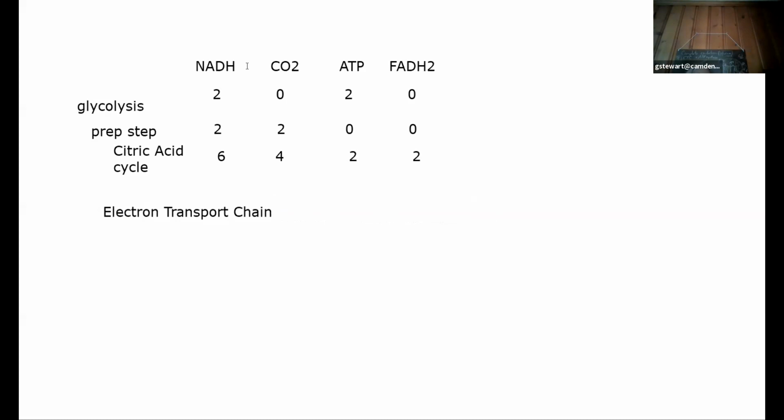And then under this, I'm just going to draw, right? If we look at how many NADHs we have total to bring to the electron transport chain, how many total do we have? 2, 4, 10, right? So let's put 10 here. We have 10 NADH total.